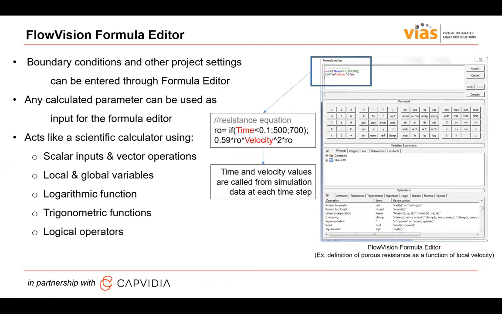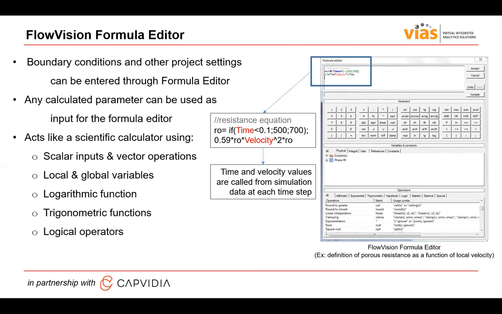Here I would like to give you an example of that. Definition of porous resistance in a porous medium modeling as a function of local velocity. So in the equation entered here, first we define a variable rho which is dependent on time as an if condition. And again, the good news is that this is just the Microsoft Excel syntax, so we're not expecting any user to be competent on coding things, compiling things, etc. If you know how to write a mathematical expression in Excel, okay, you are set to go.